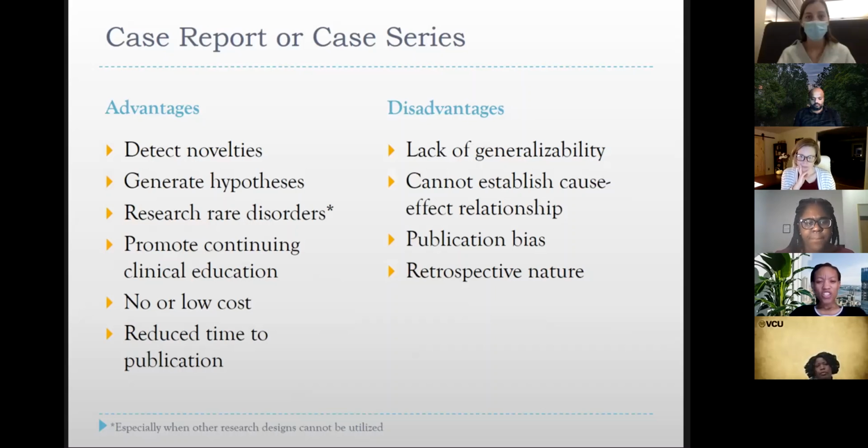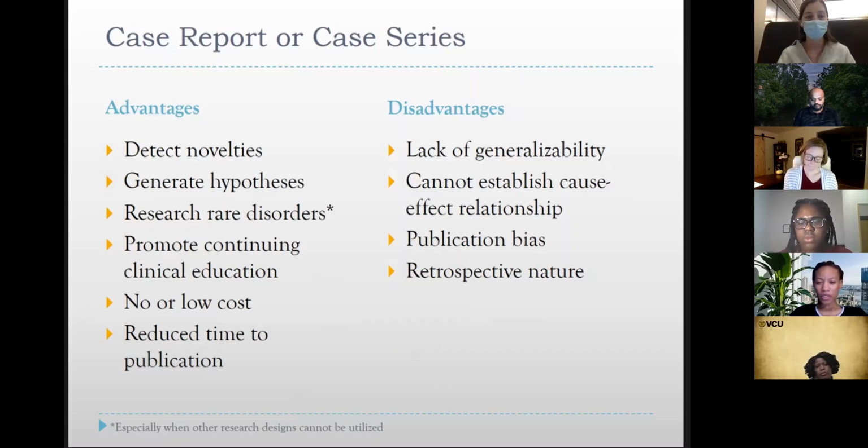Some of the disadvantages are that there's a lack of generalizability, because you're looking at instances that are so rare or unique, and that you can't establish a cause-effect relationship because you're assessing this person at this one time. And then there's publication bias. It could be a limiting factor, as journals generally favor positive outcome findings.